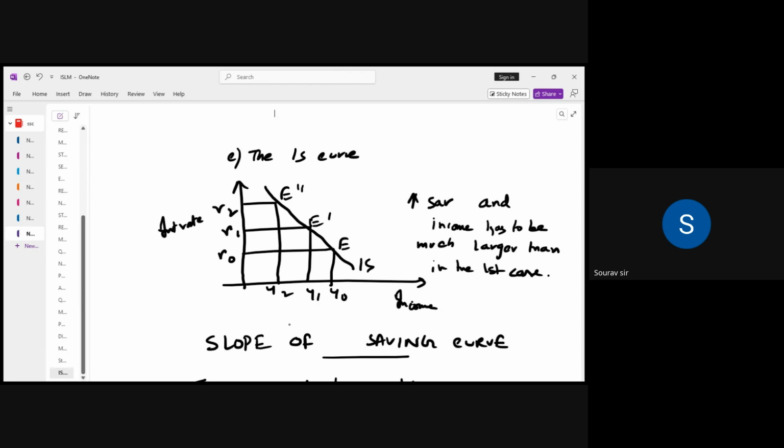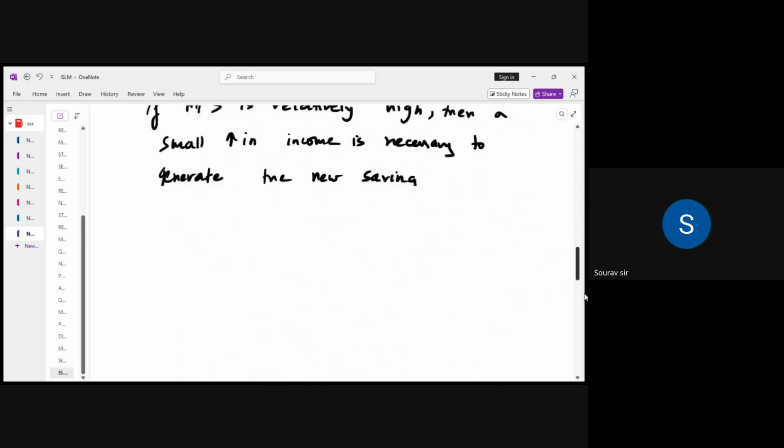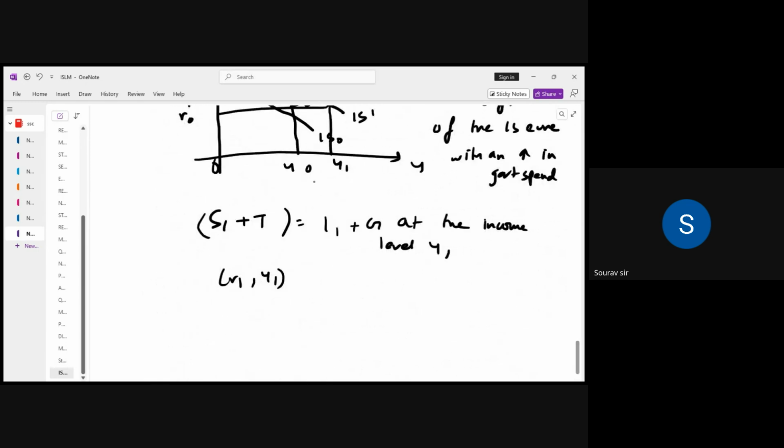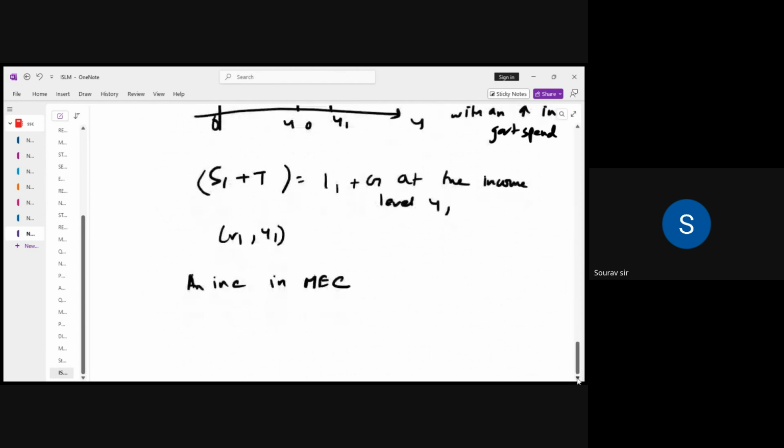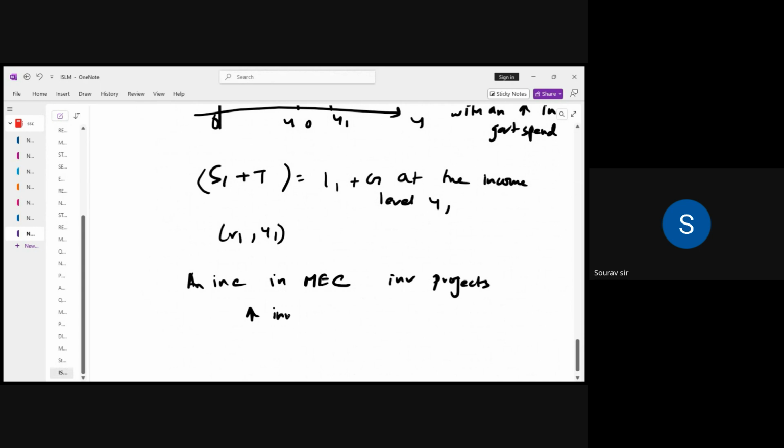Now here, as it moves, we can see an increase in MEC, caused by a favorable shift in expectations about the future. Let me write it down. For this diagram, as you can see, an increase in MEC caused by a favorable shift in expectation about the future profitability of investment projects increases investment demand corresponding to each interest rate.